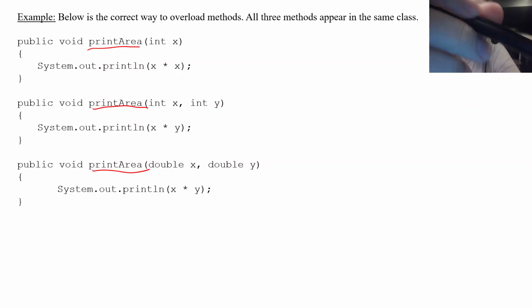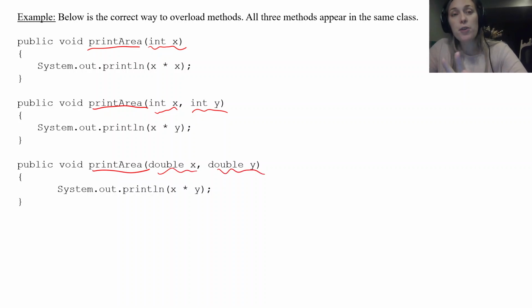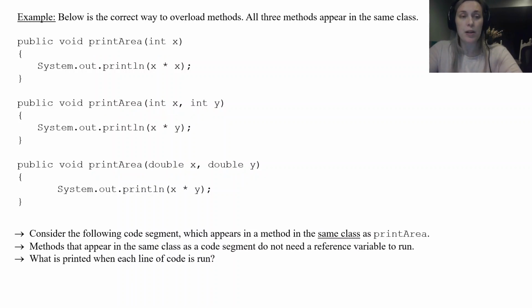But notice how their method signatures are different. This accepts a single int, this accepts two integers, and then this accepts two doubles. So that parameter list is different, and this is a correct way to overload methods. So printArea has the same method name for each of them, but different parameter lists.